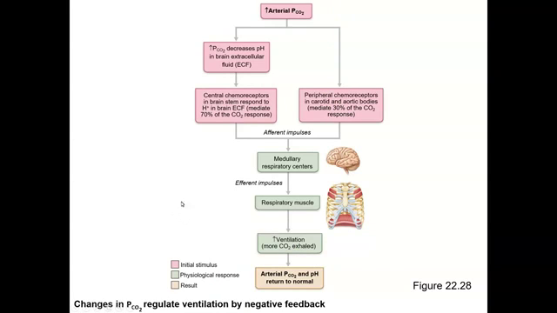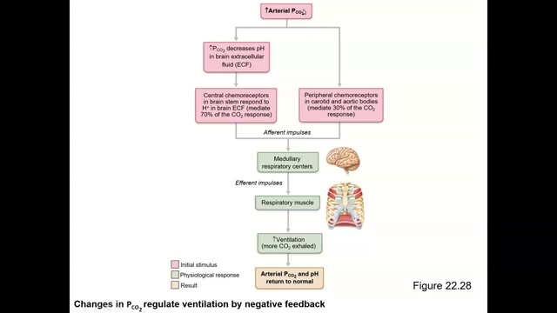Now, what triggers the respiratory center to work harder or work less? We have a feedback mechanism, negative feedback mechanism, and the main trigger for that is our partial pressure of carbon dioxide in the arteries. That gets measured in, particularly, our carotid arteries. They will measure the partial pressure of carbon dioxide.